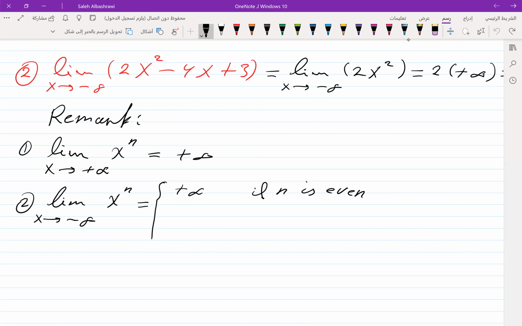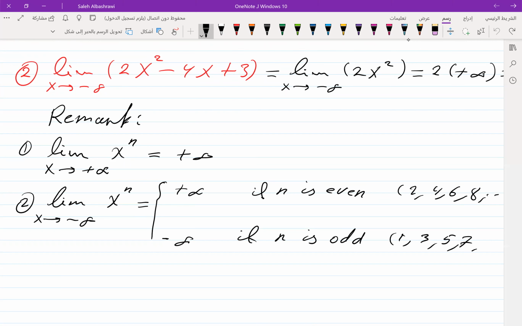If the power is even, 2, 4, 6, or 8, then the limit will be plus infinity. And it is equal to minus infinity if n is odd. So even means 2, 4, 6, 8, and odd means 1, 3, 5, 7. So the limit of x power n if x goes to minus infinity will be plus infinity if the power is even, and it is equal to minus infinity if the power is odd.